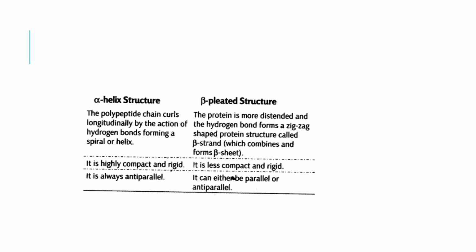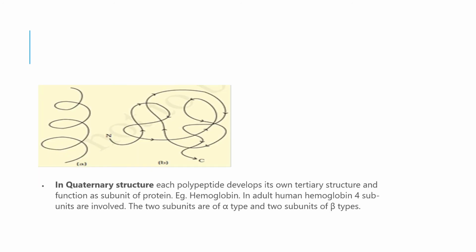There are differences between the alpha helix structure and beta pleated structure. You can see here the diagrams A and B, showing the secondary and the tertiary structure of the protein.